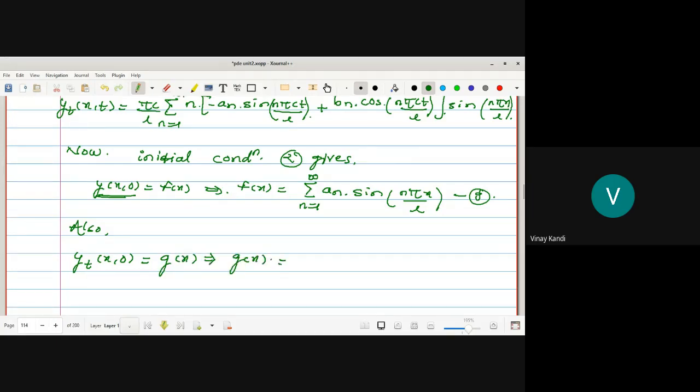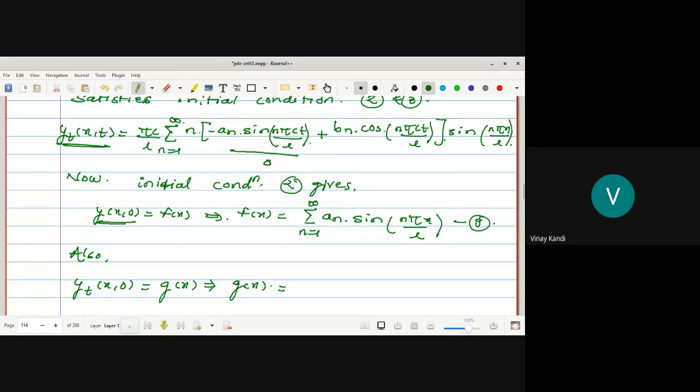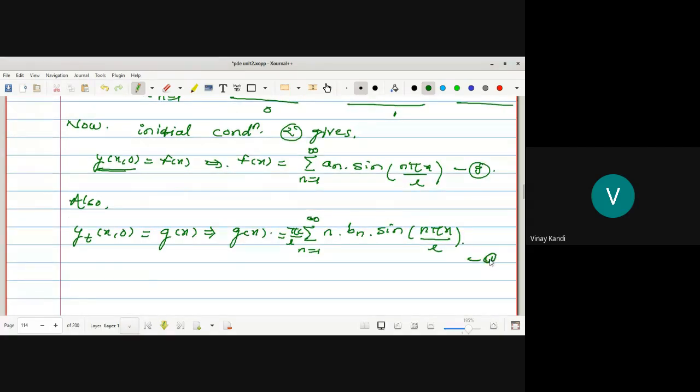This implies g of x, put in this equation t is equal to 0. ओके, t इक्वल टू 0 केल्यानंतर sin 0 0, म्हणजे हा टर्म तुमचा 0, cos 0 1, म्हणजे इथे फक्त b_n राहील. समेशन n running from 1 to infinity, हा πc upon l, समेशन हा n आहे तसा येईल, n into b_n into this term sin nπx upon l. This is the equation number 10.